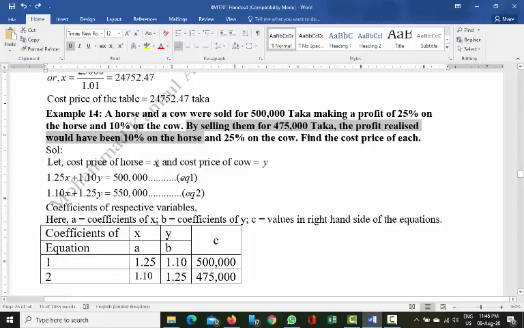The cost price of the horse is X, so we have 1.10x. And you can make a profit of 25% on the cow, whose price is Y, so that means 1.25y. And the total will be 475,000 taka.